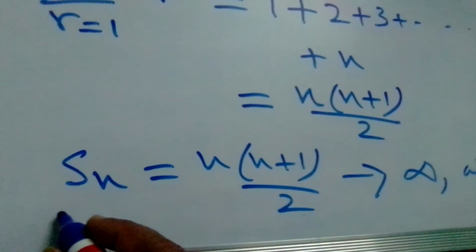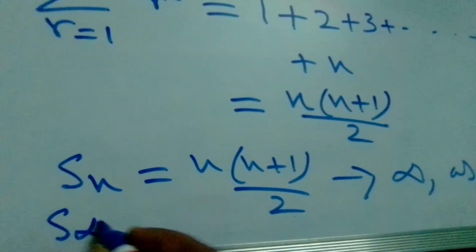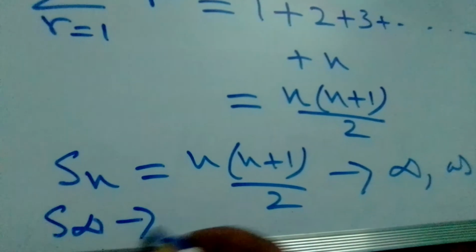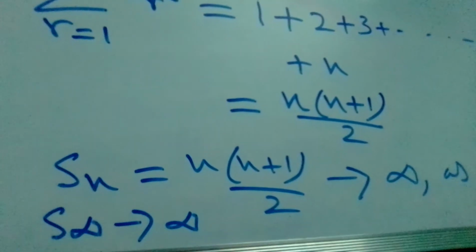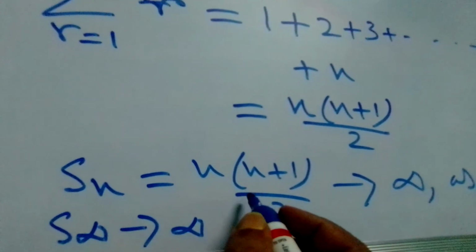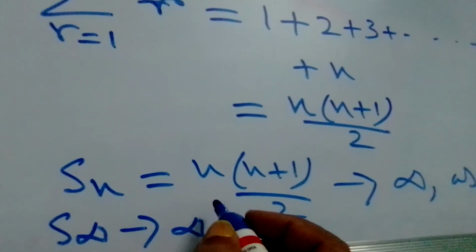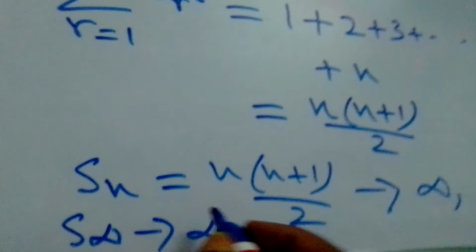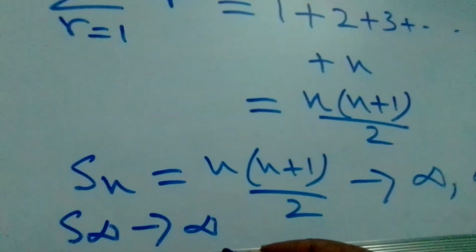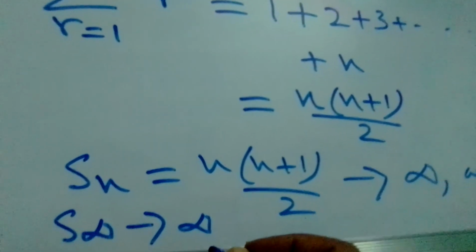In other words, S infinity will also be infinity, and this is obviously a case of divergent series. It gives us some idea about divergence. We conclude we don't find any result.